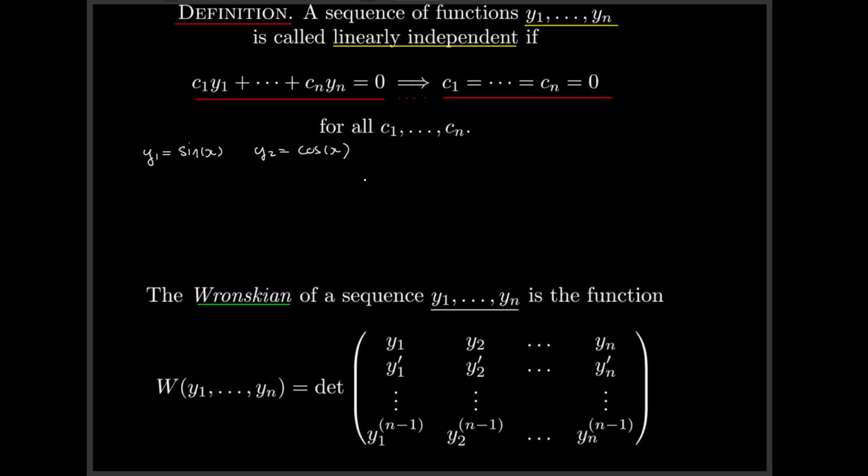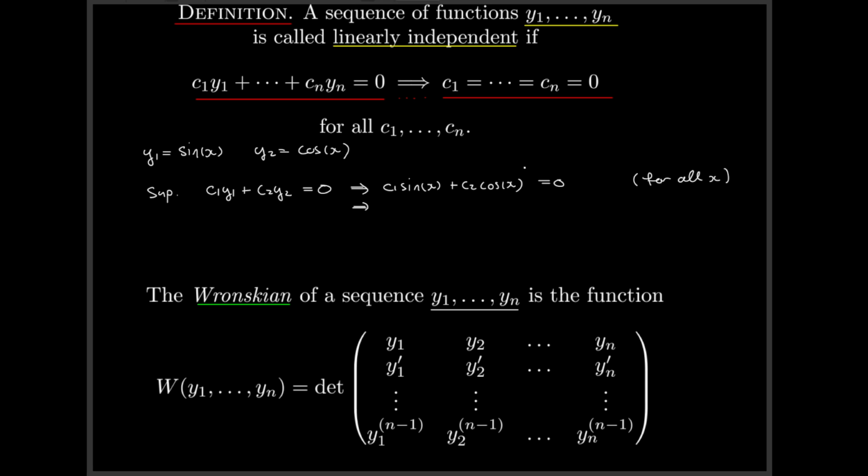But to show that these are in fact linearly independent, we have to make the assumption that any linear combination here which adds to 0 makes these constants c1 and c2 equal to 0. After making this assumption, we can only use logical steps which are valid. So from here, we just replace y1 by what it is. And we understand that this statement is really making a statement for all x.